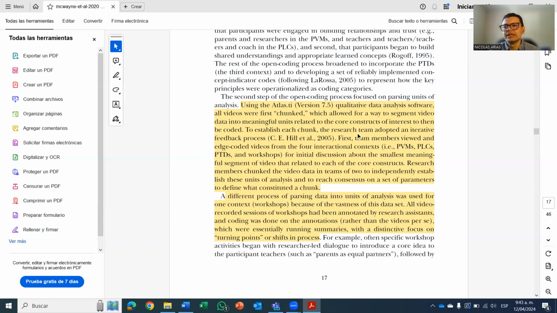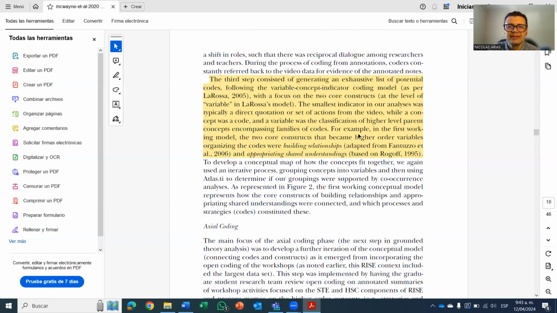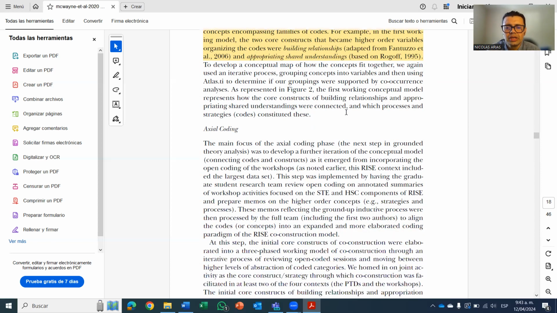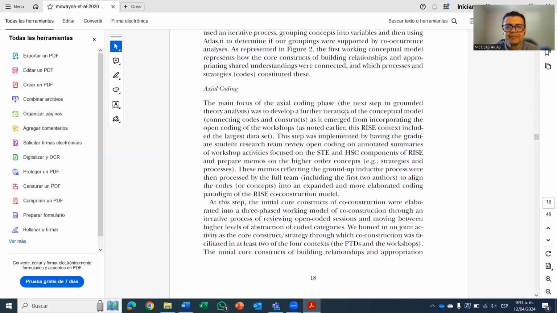And given that this is a very extended process, they made different rounds of coding and recoding in order to get pieces that make more sense. They are going to the data and to the conclusions, going back and forth between them, and they are showing us how they do that kind of process.